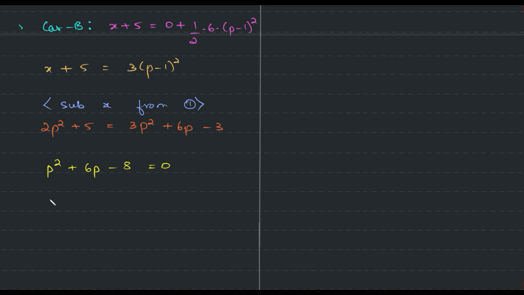So this is clearly a quadratic equation that needs to be solved. So we have, therefore, p is equal to minus b plus or minus, wait, oh, my bad.